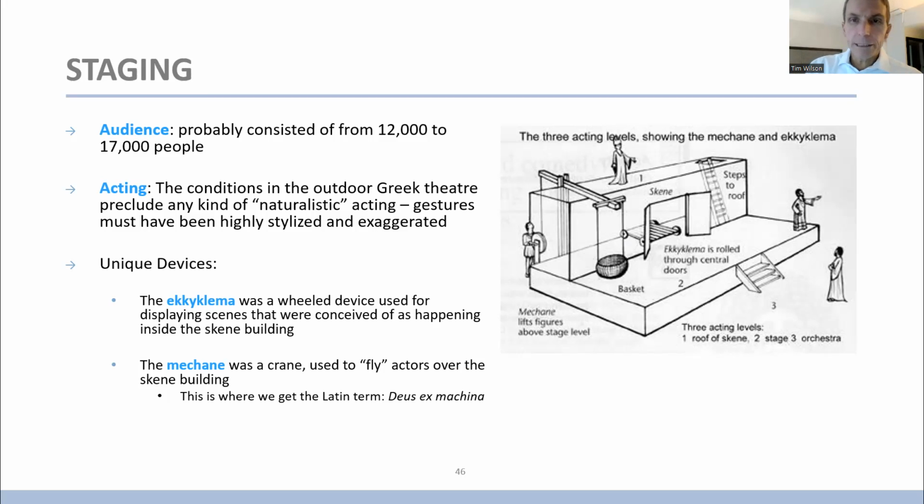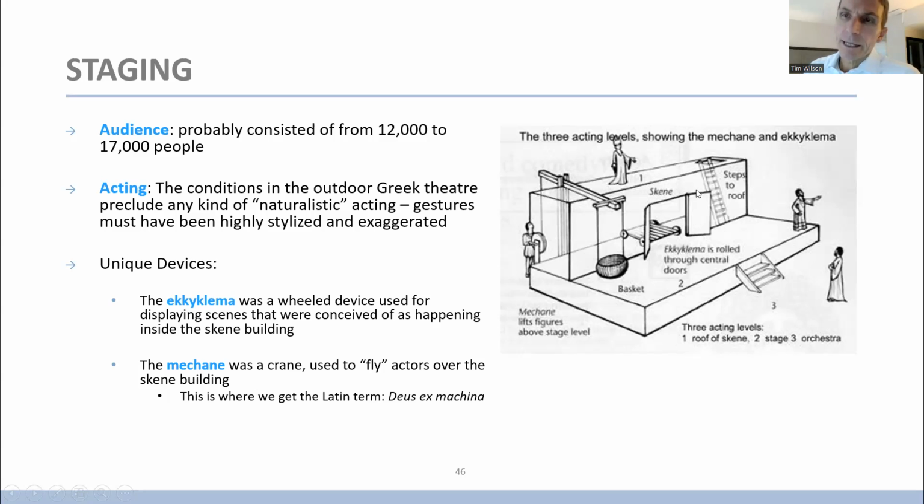A few unique devices to highlight here. The ekkyklema, this kind of wheeled device here, is used for displaying scenes that were conceived of as happening inside the skene building. The skene building at the back of the stage may represent a house.